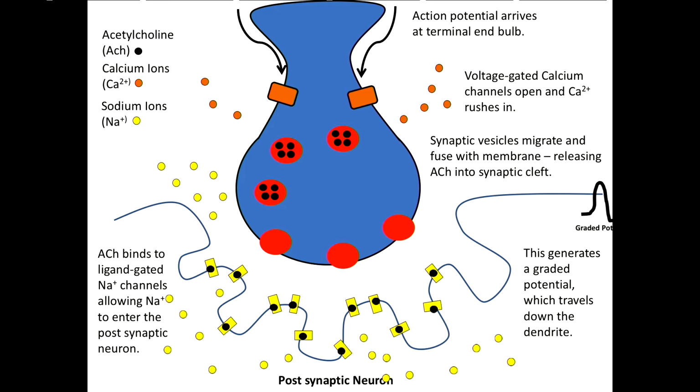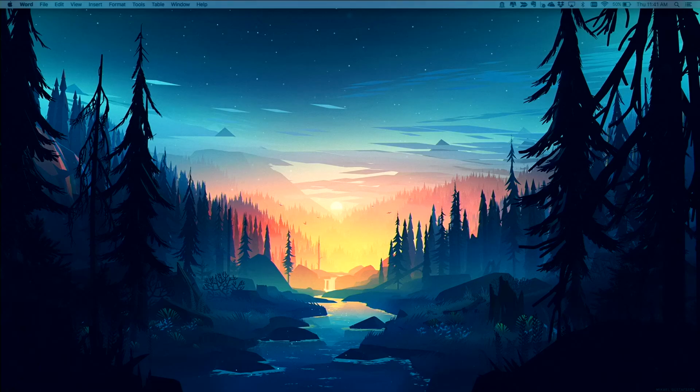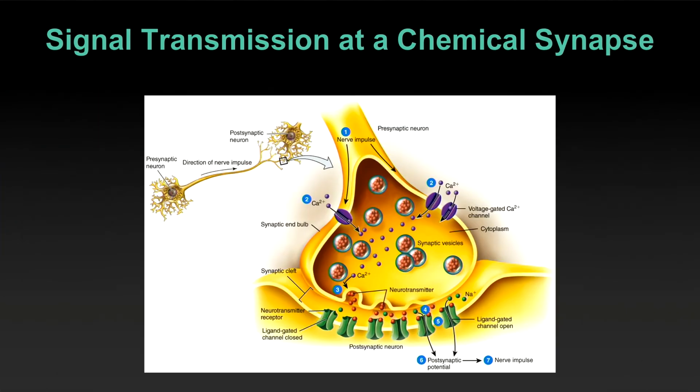It depolarized the membrane, brought the potential closer to threshold, and eventually makes an action potential. You've been following along here. You can see the same cascade, the same sequence of events that result in, eventually, a nerve impulse, which is another word for an action potential moving forward.